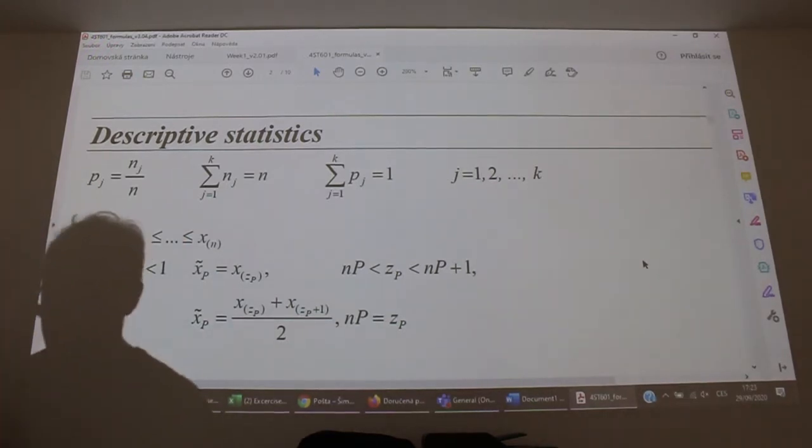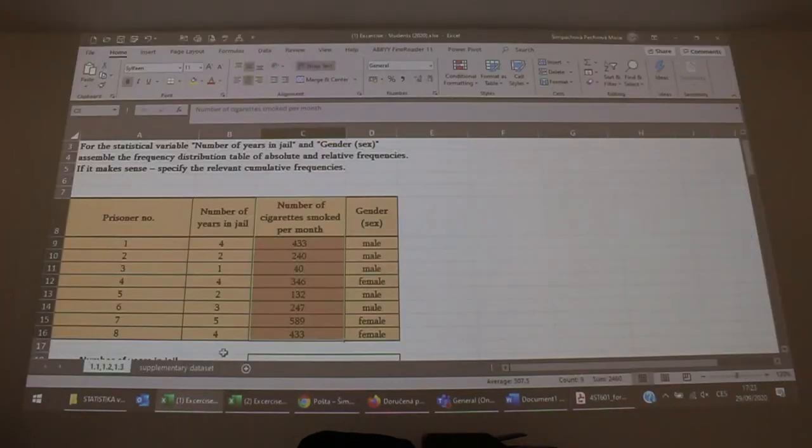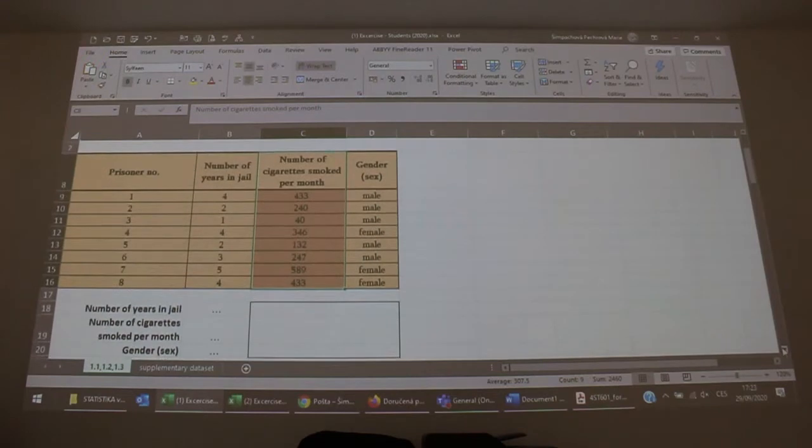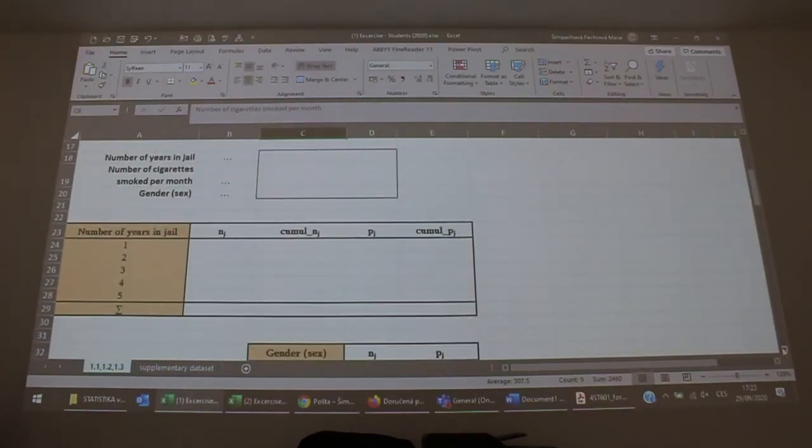So in your Microsoft Excel you can create this frequency distribution table. Number of years spent in jail is a quantitative numerical variable which can be sorted, for example, in ascending form.